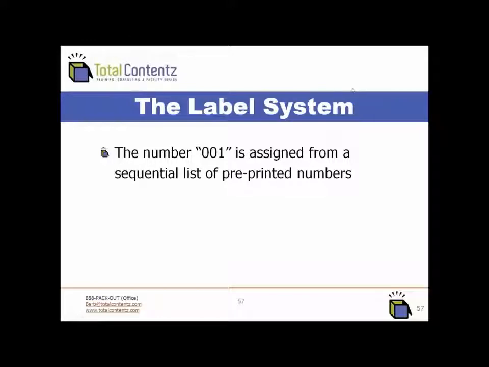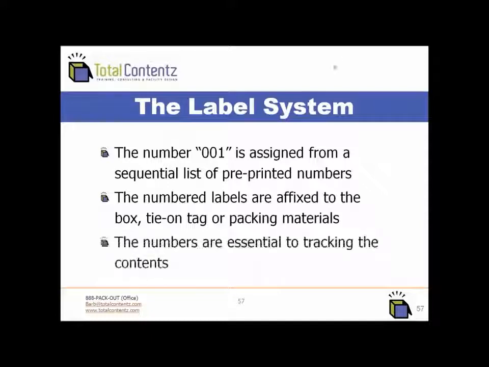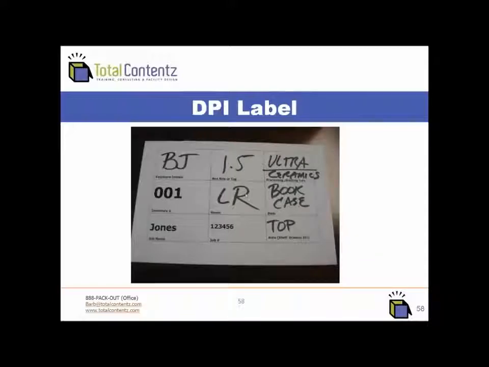It's based on a labeling system that starts with the number 001. We're going to pre-print our labels, photograph the label, and attach it to the box. It's very, very simple. So here's an example of a label. We're going to have the employee's initials, so that's me, BJ.